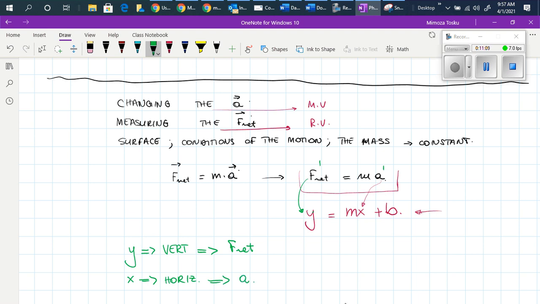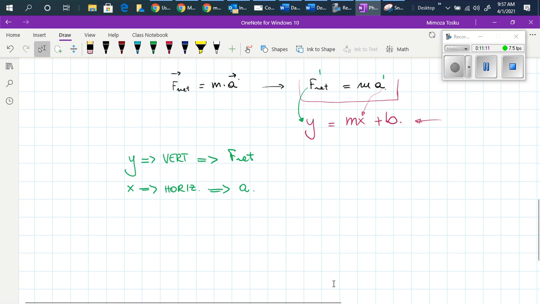Then whatever is multiplied by x, the slope, will be the mass of the object, and the y-intercept is equal to 0.